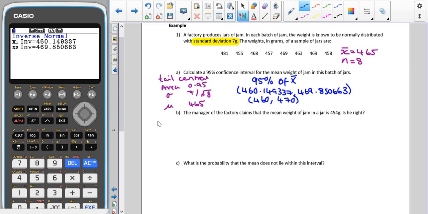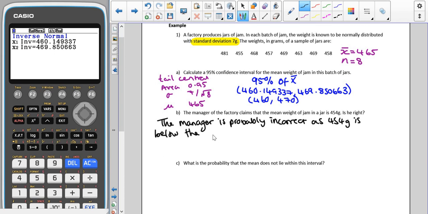So actually, the manager is probably incorrect, as 454 grams is below the lower bound of our 95% confidence interval.